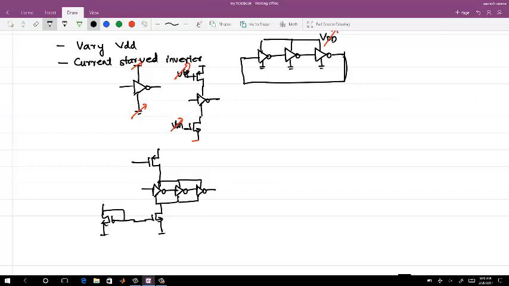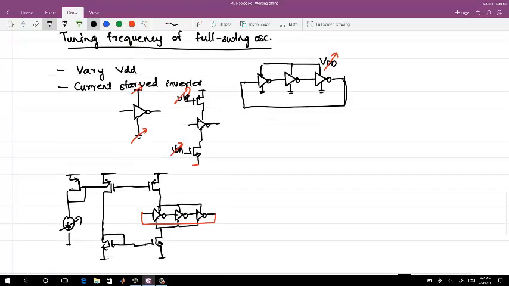By varying the current, I can control the current from both the top and the bottom, and this will control the frequency of the oscillator.